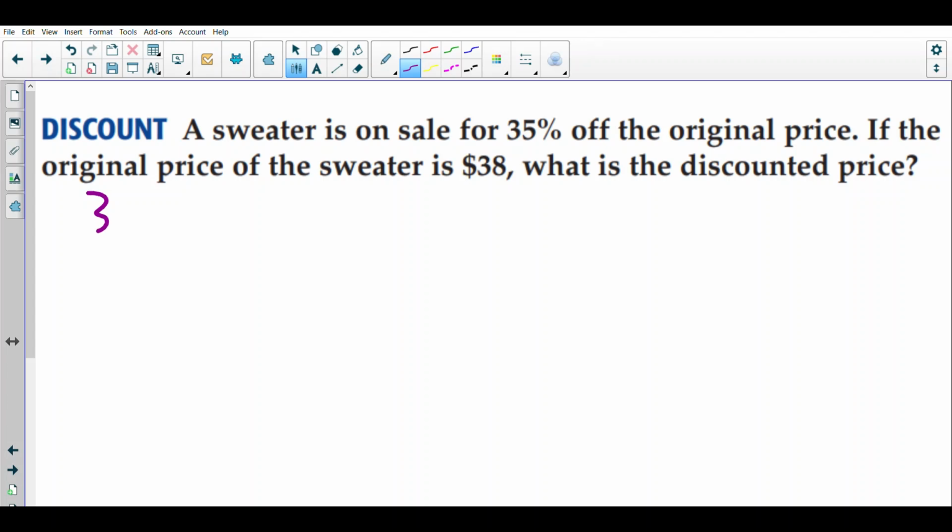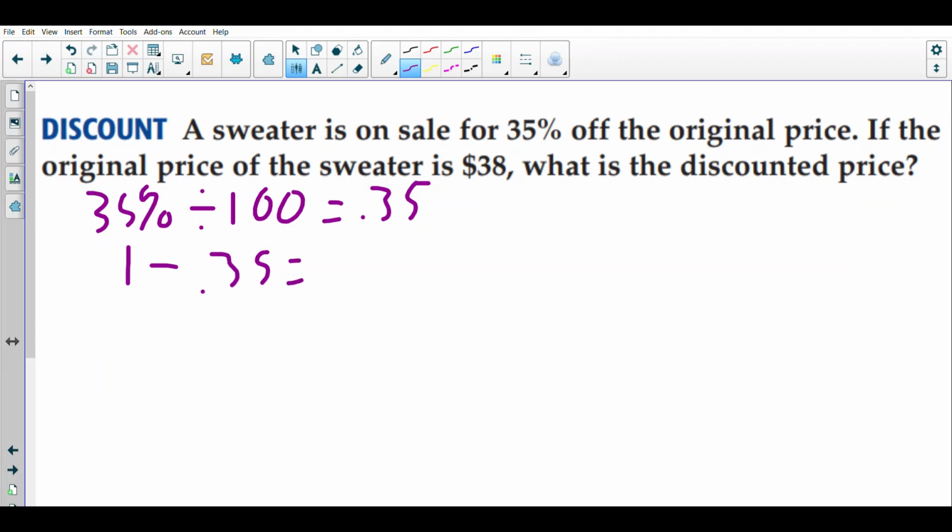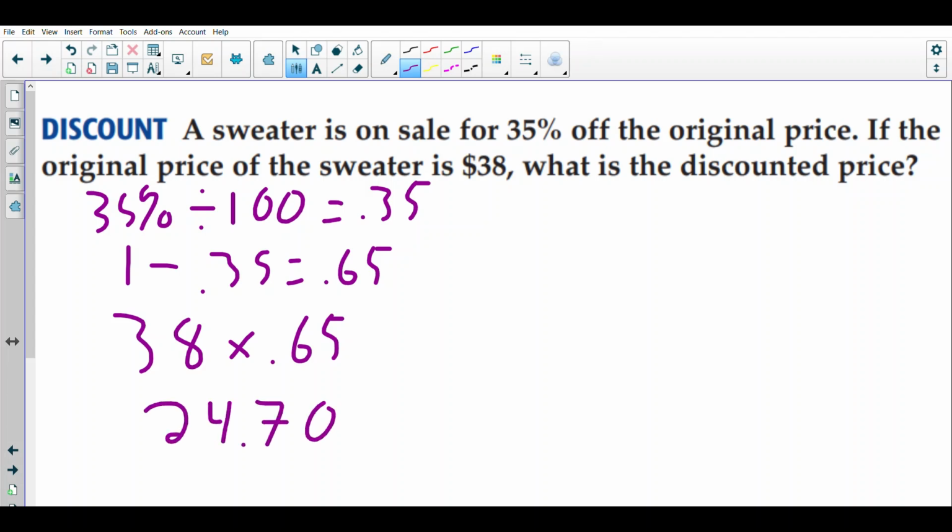Once again, 35% divided by 100 gives us 0.35. 1 minus 0.35 is equal to 0.65. So 38 times 0.65. I'm going to grab my calculator. 38 times 0.65 gives us 24.7, or $24.70. So that's one method.